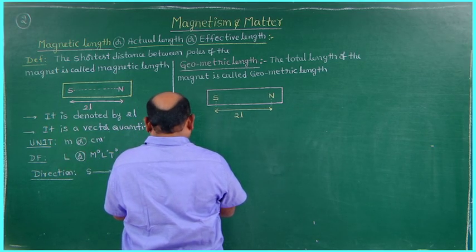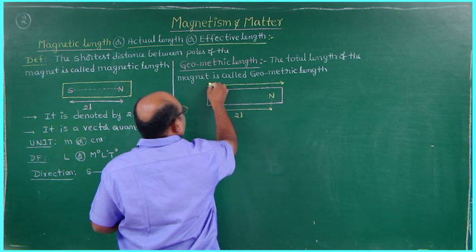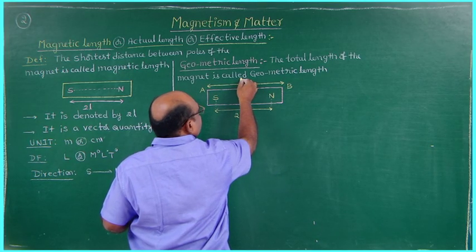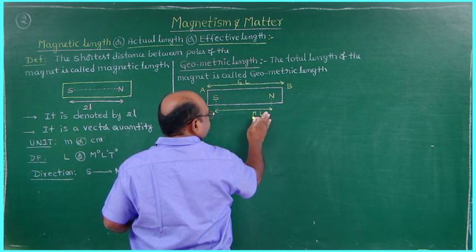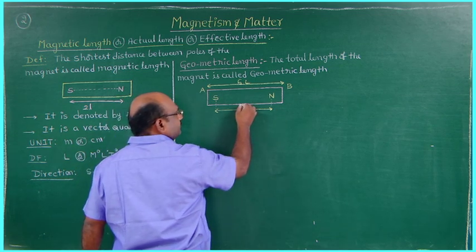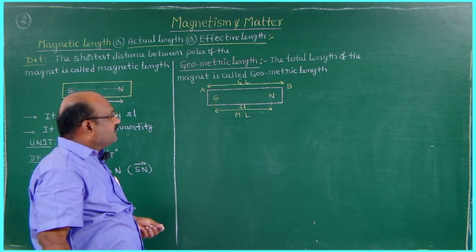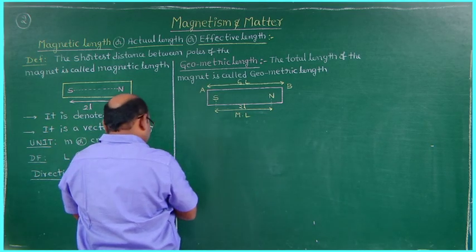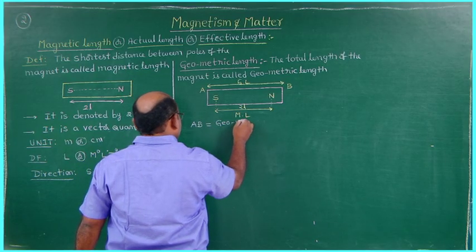But the total length of the magnet, suppose it is A and B, is said to be the geometric length. This is the magnetic length, 2L, that is SN, and AB is the geometric length. Let me write AB is geometric length.